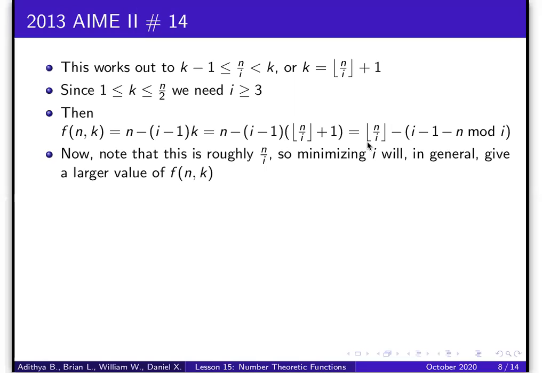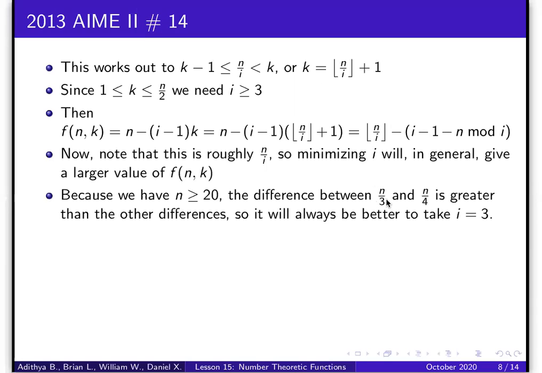If n over i is the big term, we want to make it bigger, which means we want to make the denominator smaller, which means we want i to be smaller. And n at 20 is a pretty big number. If we take the difference between n over 3 and n over 4, it's going to be sufficiently large to cover any difference that the second term will make.